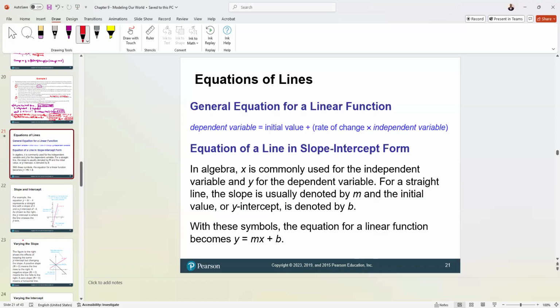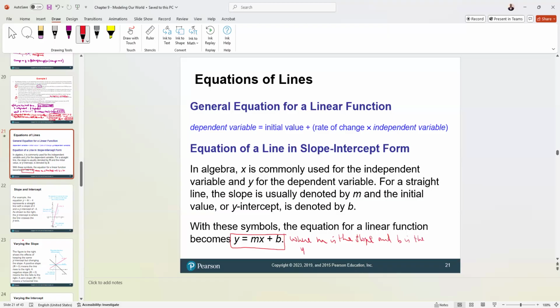Equations of a line in slope-intercept form. I think we covered that already. This is slope-intercept form where m is the slope and b is the y-intercept.